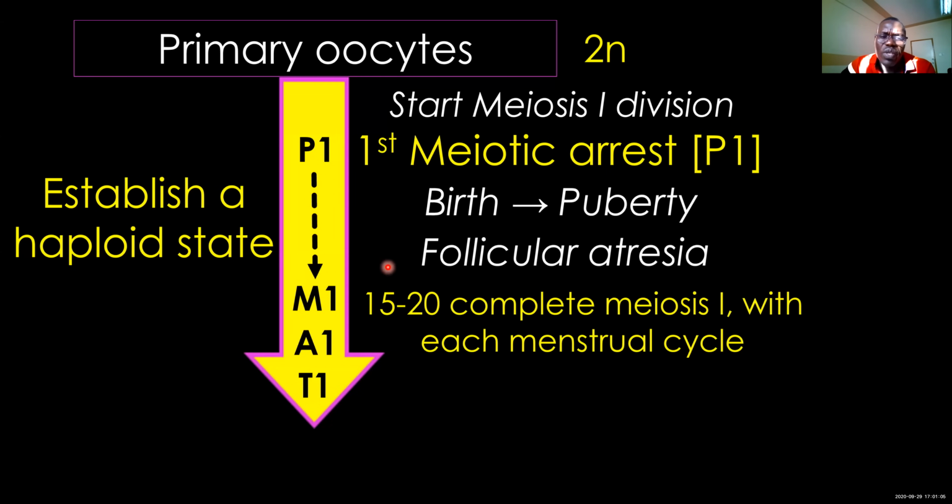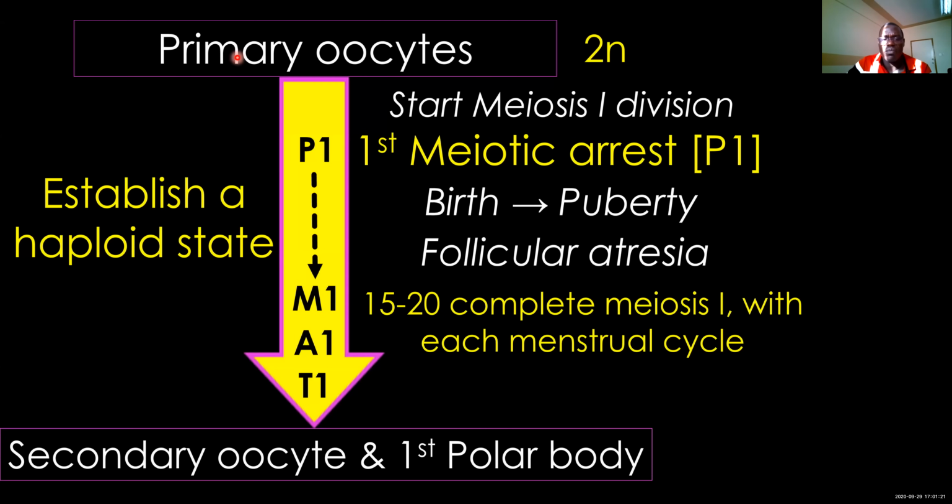All right, so if the oocyte completes the first meiotic division, that cell is no longer called primary oocyte. We call it secondary oocyte. Now, something unique about this meiotic division in oogenesis is that the cytoplasm does not separate equally.